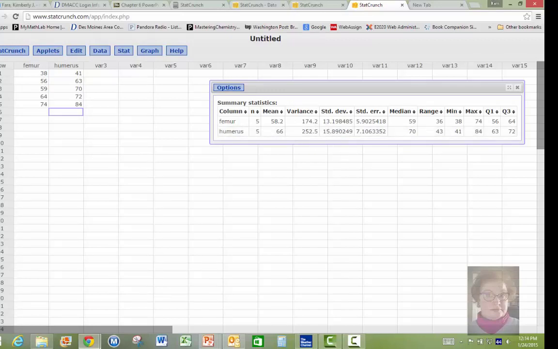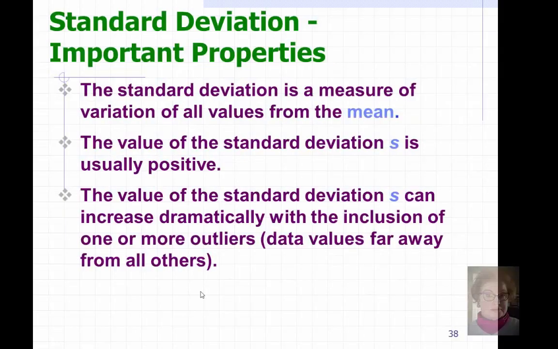The standard deviation is a measure of variation. So in other words, the standard deviation is also a non-resistant measure because you use the mean to calculate it. So since those extreme values affect the mean, they'll also affect the standard deviation.